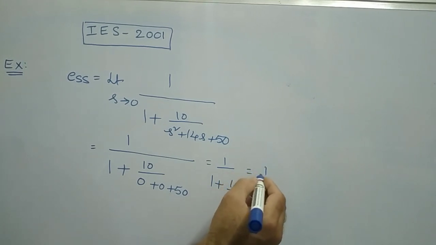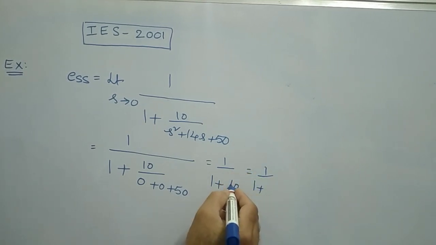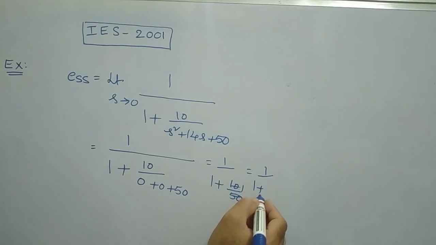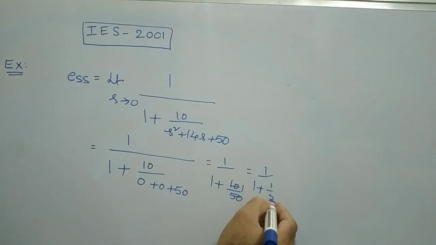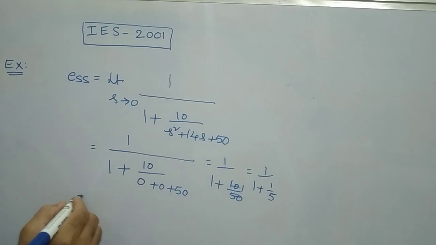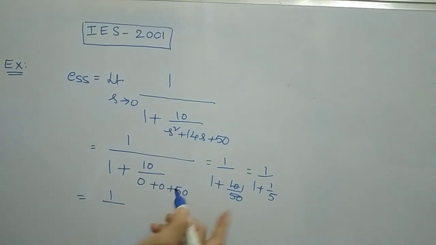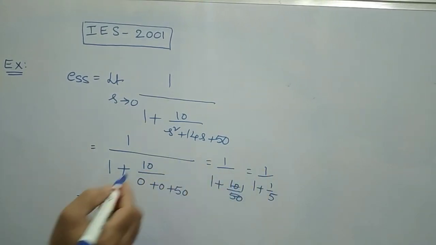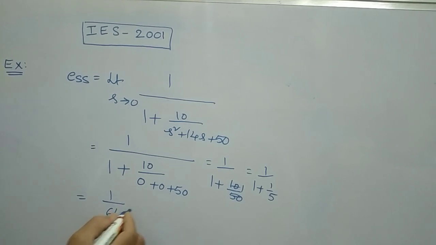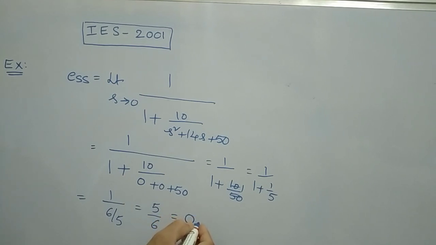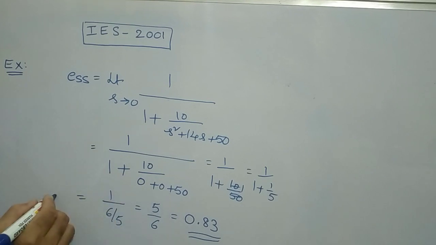Clear? 1 by 1 plus, 10 ones are 10, fives are, it is 1 by 5. What you will have actually is 1 by 6 by 5, or otherwise 5 by 6. It will be reversed, no? So it is 0.83 something. This is your ESS.